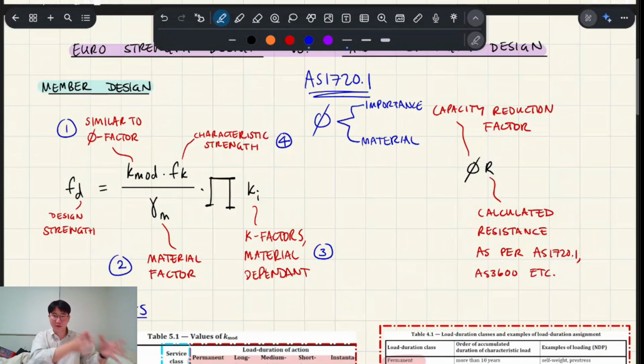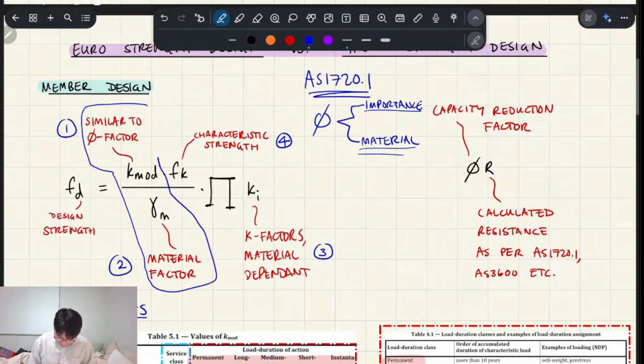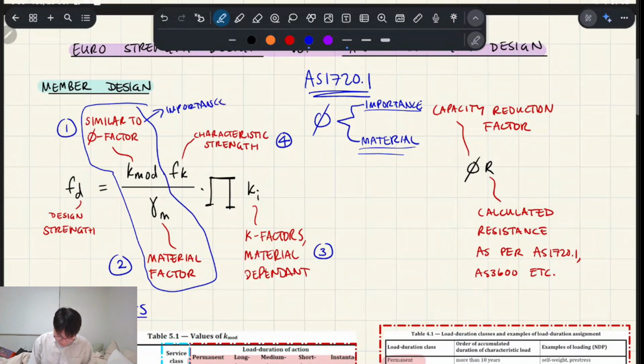So you've got really important buildings, like primary members in those buildings, and then secondary members in a residential house or something, which is low importance, for example. So that's importance. And then it's also got material, so it has a different phi factor depending on if you're using glulam or plywood or something. So in the timber code, these two things are captured together, because this one's importance level, and this one is material.